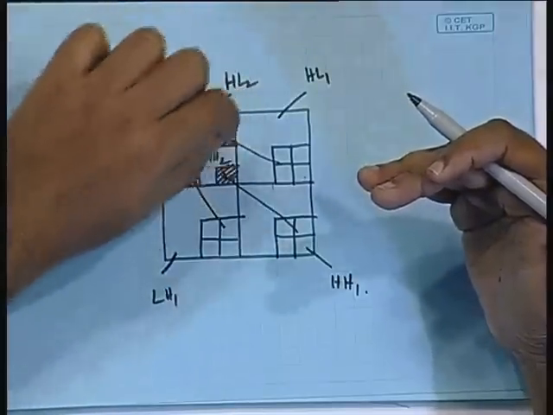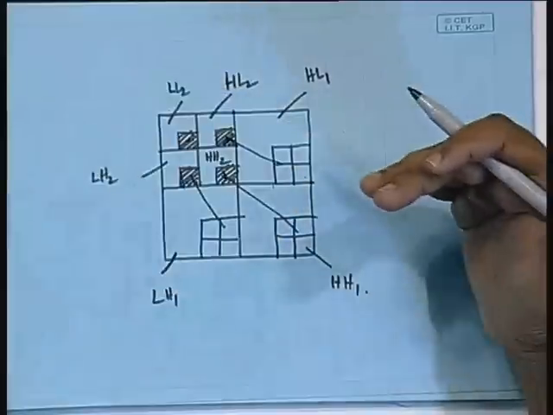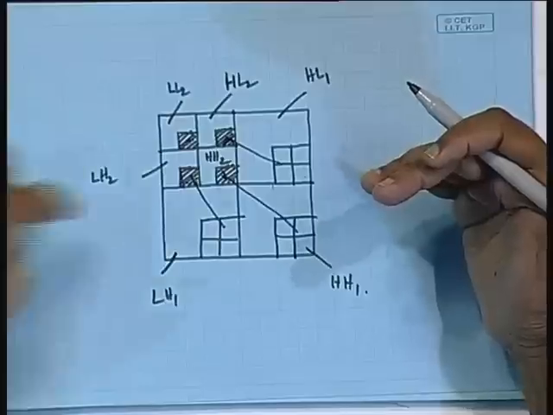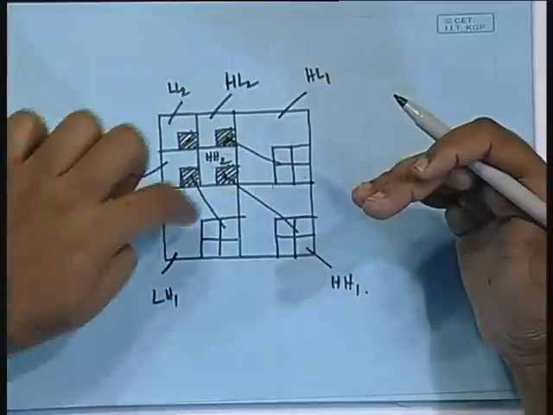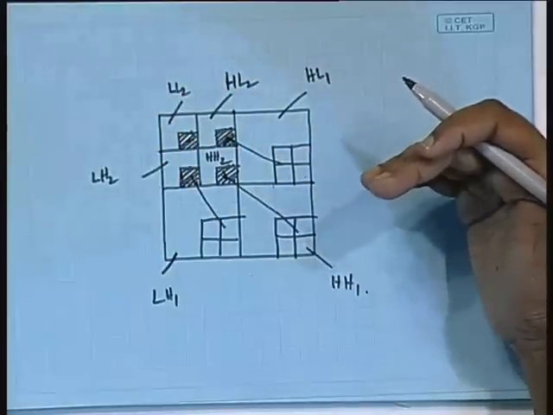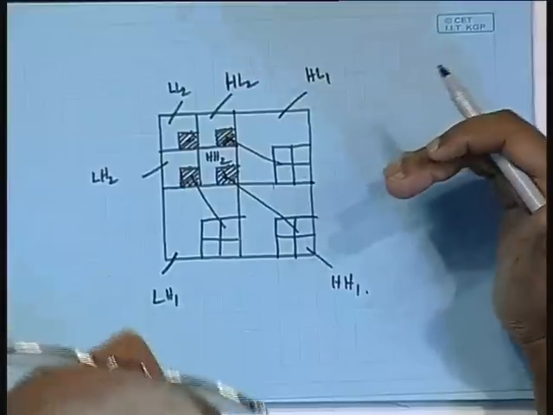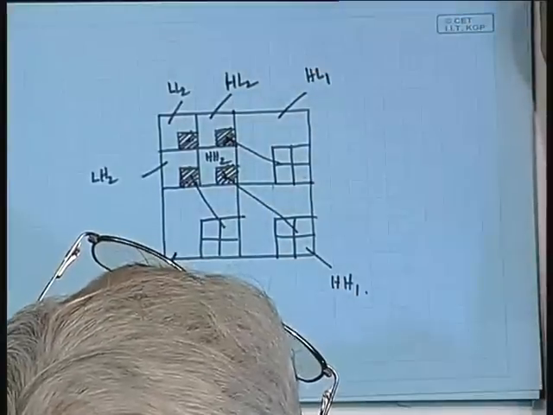Individually, each of these pixels will have 4 descendants. So HL2's pixel will have 4 descendants over here, this will have 4 descendants, this will have 4 descendants. This is the picture I have drawn with 2 levels of decomposition.